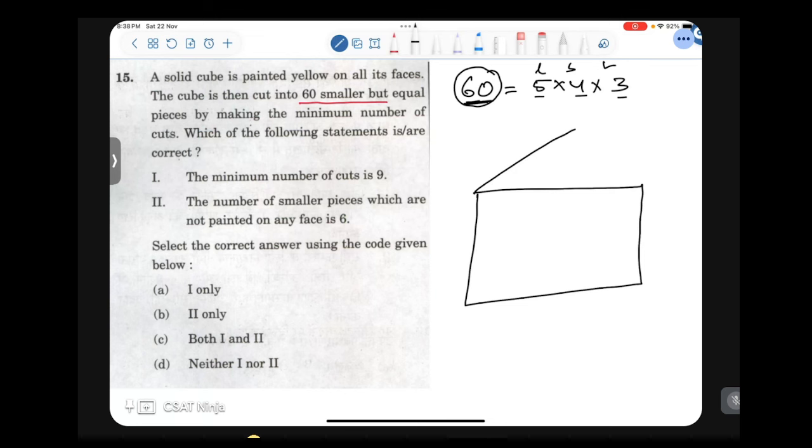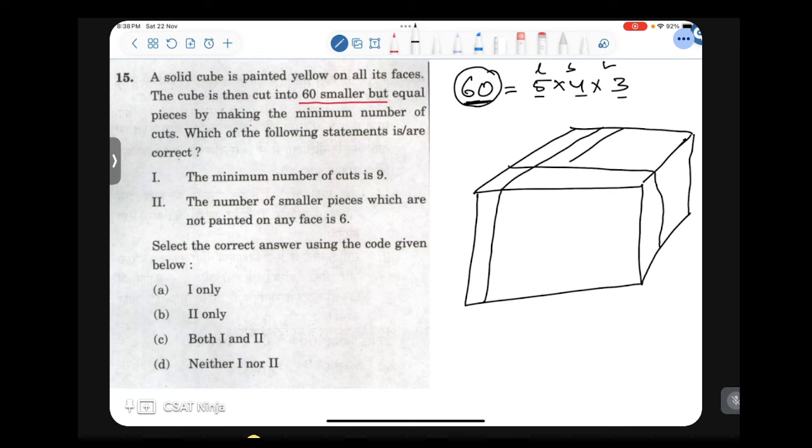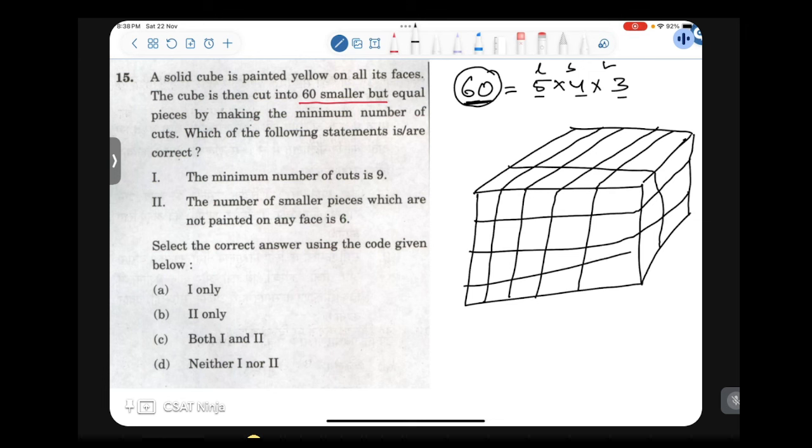So now this I can make it this way. And I'll make 3 cuts here, 1, 2 only, which will give us 2 there. And for 5, I'll just do 1, 2, 3, and 4. I can cut here 1, 2, and 3.